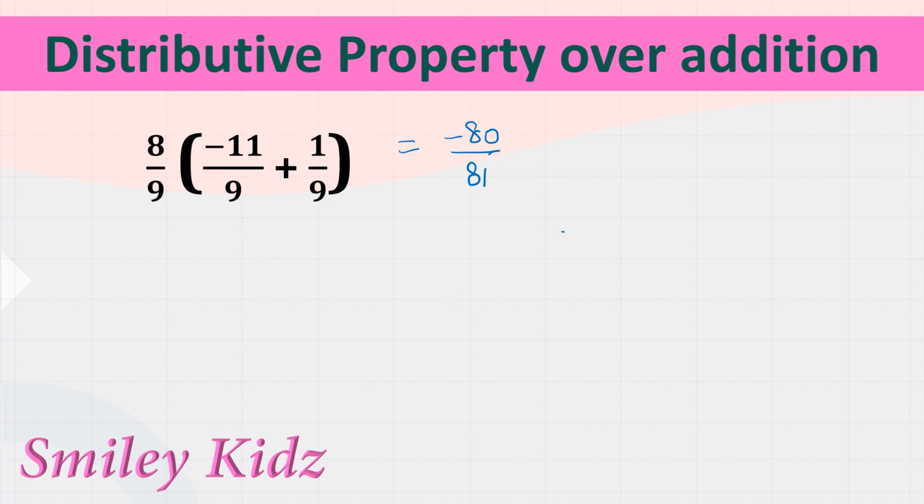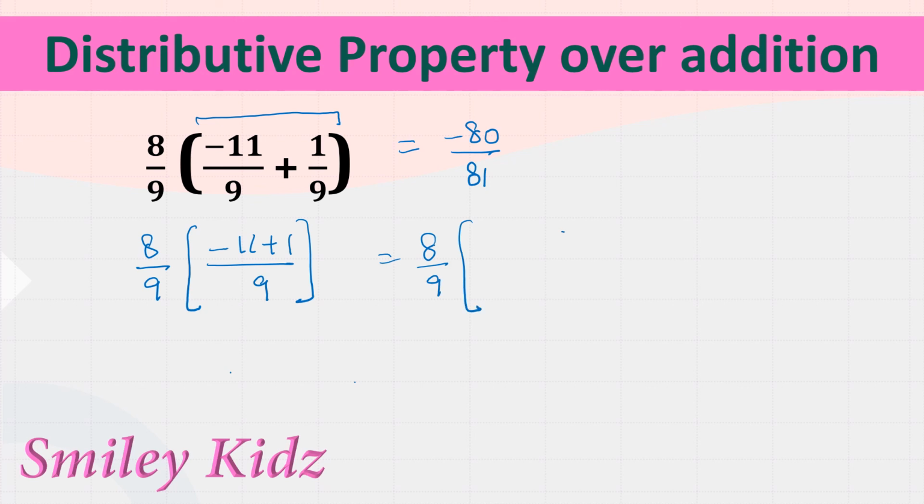So let's check. First, we'll be solving the brackets part. 8 by 9 multiplied by (minus 11 by 9 plus 1 by 9). Here we are having different signs, so we'll be subtracting, which is equal to minus 10 by 9.